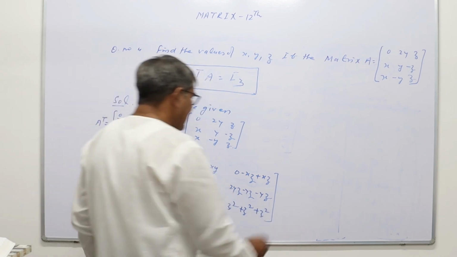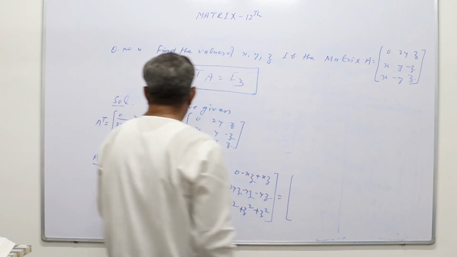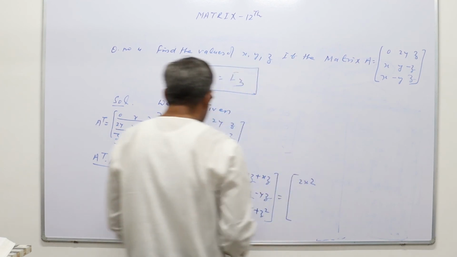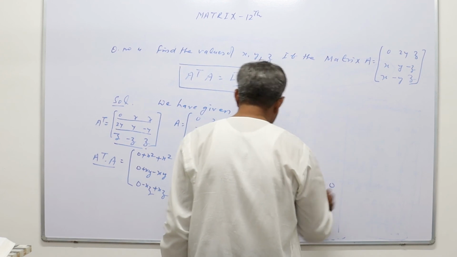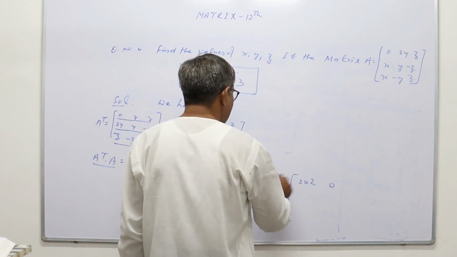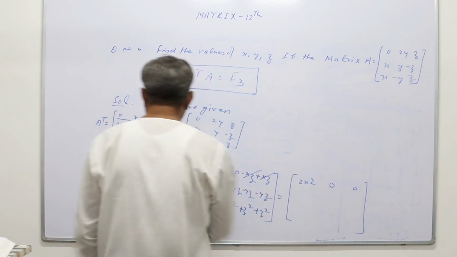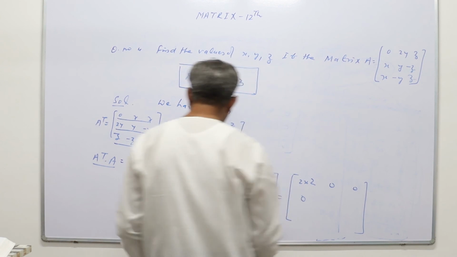So finally this matrix A transpose into A will be equal to: here x square plus x square, that is 2x square. Here plus xy minus xy will cancel, so this is 0. Here minus xz plus xz cancel, so this is also 0. Then plus xy minus xy also cancel out, so this is 0.